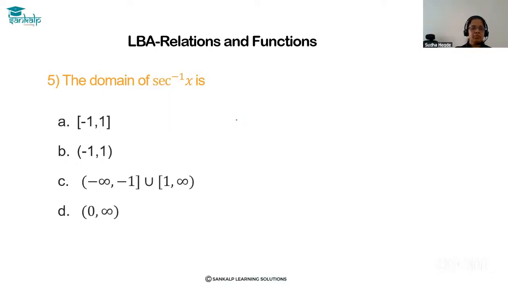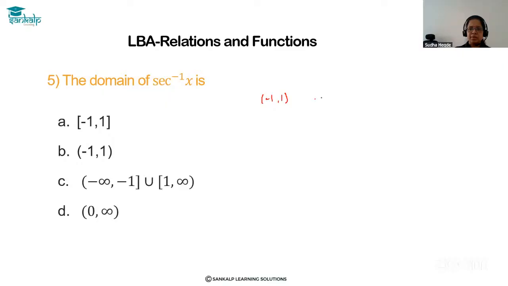Hi everyone. The question is, the domain of secant inverse is. So secant inverse is not defined in the range -1 to 1. Except this, the rest of all real line secant inverse is defined.